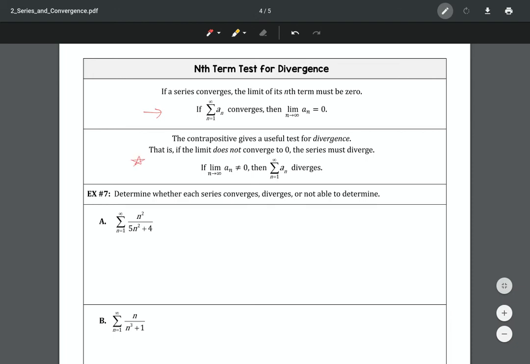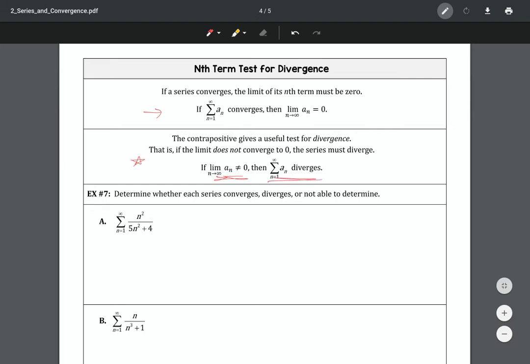What that says is, if you take the limit as n goes to infinity of the sequence a of n, not the sum, but the sequence, and it's not equal to zero, meaning it's anything other than zero, then the sum is definitely going to diverge.